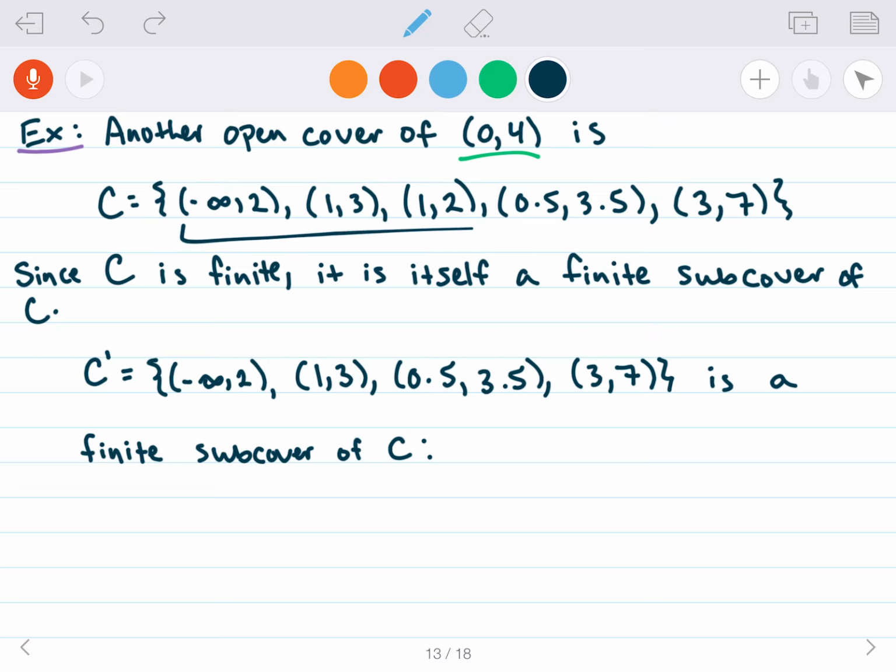Since our set here that covers 0, 4 is finite itself, it is itself a finite subcover. And moreover, if we eliminate 1, 2, this is still going to cover 0, 4 if you were to draw it out on the number line. So this guy is also a finite subcover of C.